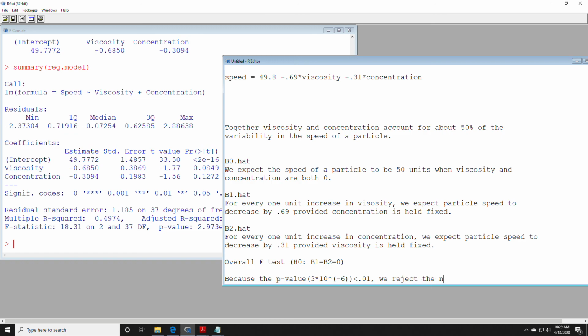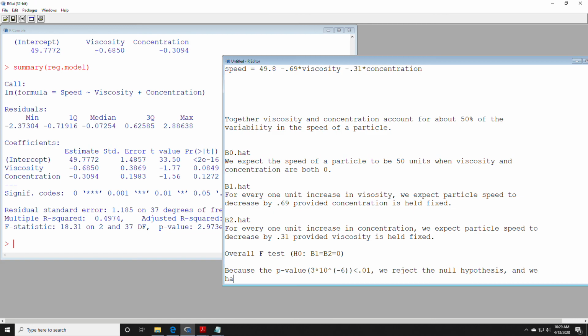We reject the null hypothesis that beta 1 is equal to beta 2 is equal to 0, and we have evidence that at least one of these slopes is not equal to 0.